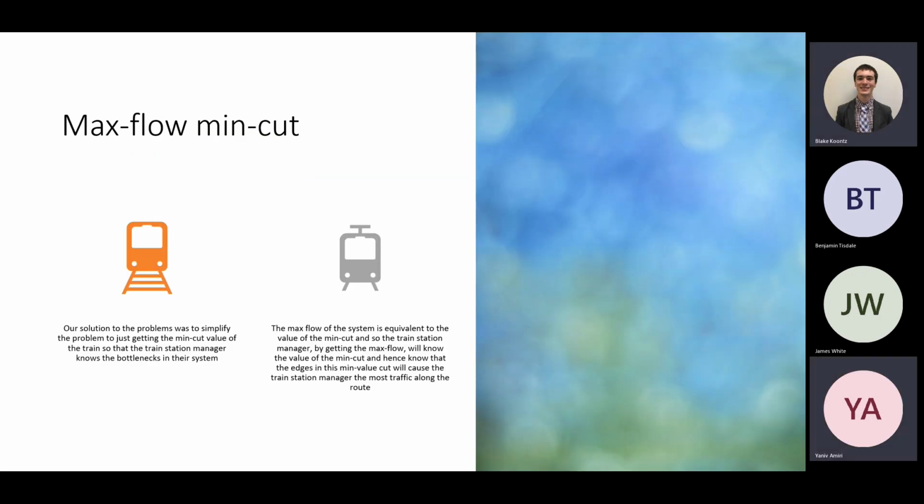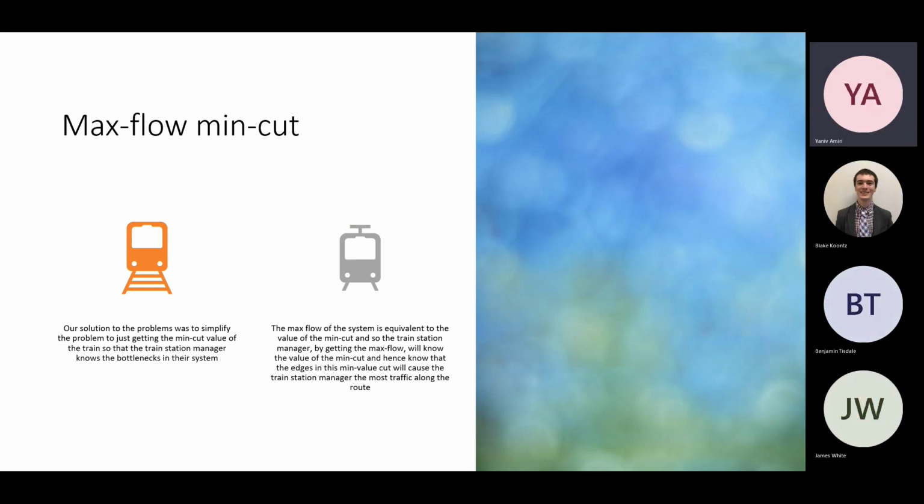So, if you take it over. Yeah, so basically to alleviate some of those issues when we were implementing this, our solution was to simplify the problem. Rather than asking our original question, we asked a modified question: what is the min cut value of the system, so that the train station manager can know what the bottlenecks of the system are?